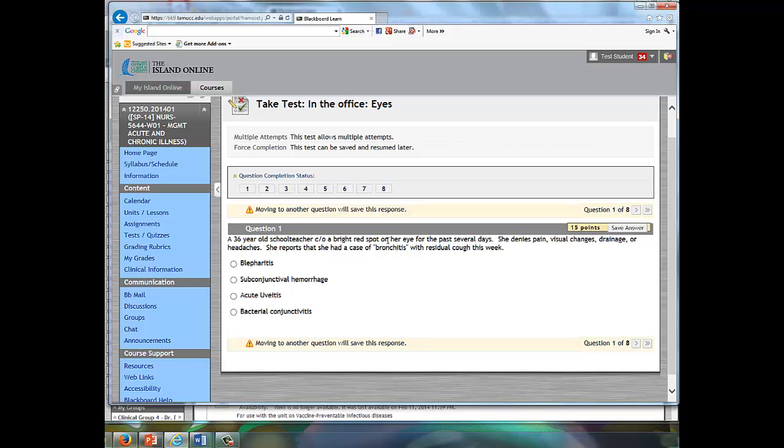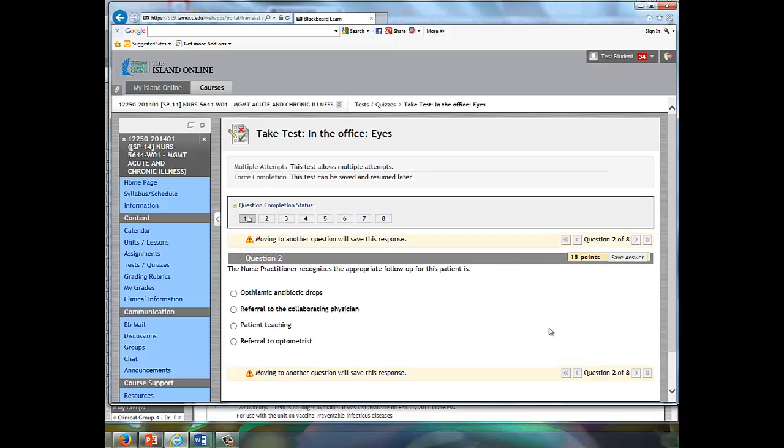So the bright red spot is on her eye, so I'm thinking that it's on the sclera. That excludes blepharitis, uveitis, and maybe bacterial conjunctivitis, but this is more consistent with subconjunctival hemorrhage. So I'm going to choose that one. Okay, the appropriate follow-up for this patient is eye drops, referral to a collaborating physician or optometrist, or patient teaching.